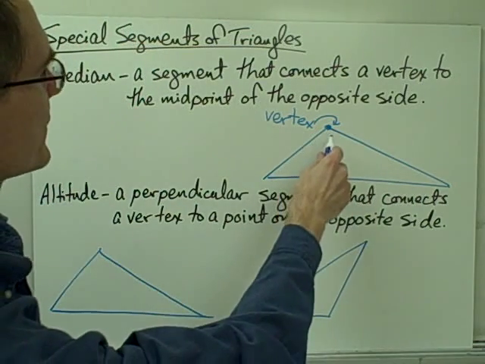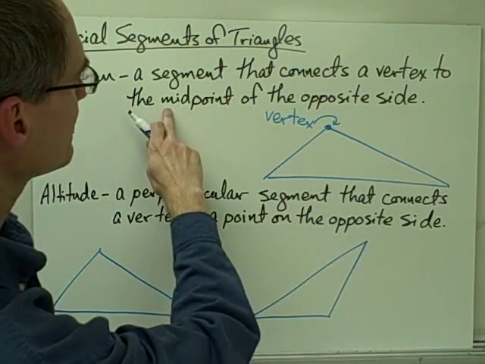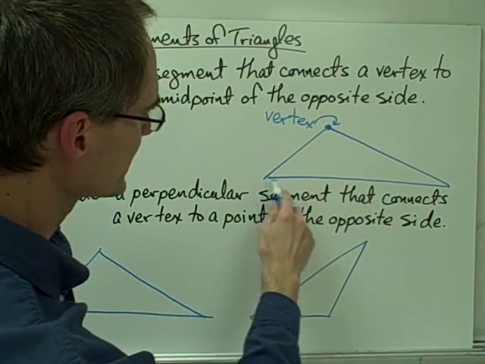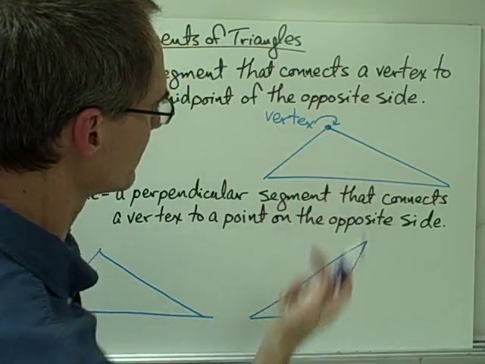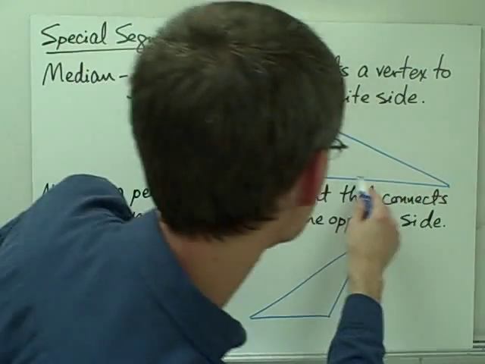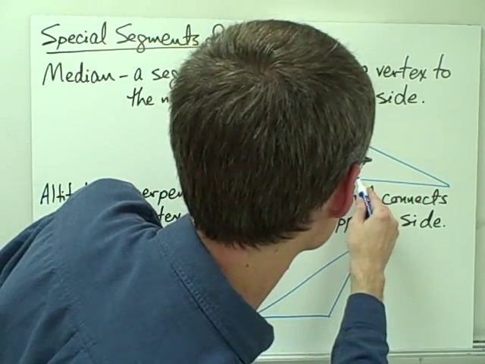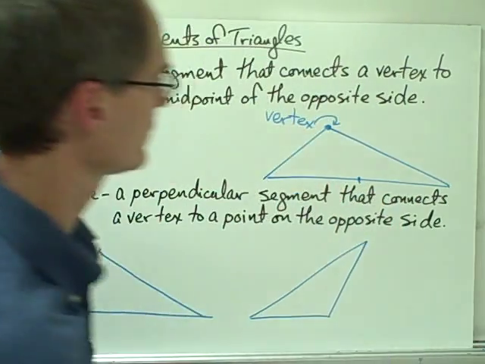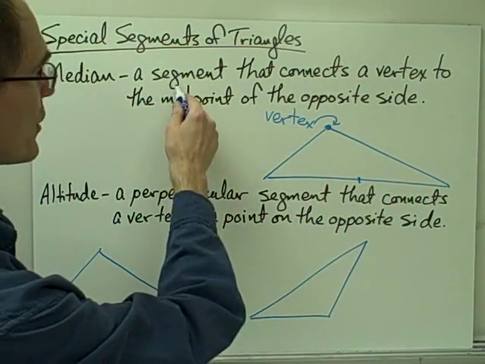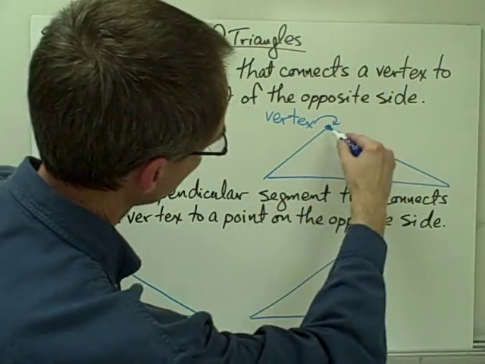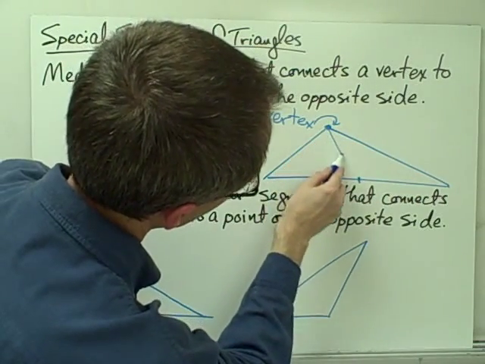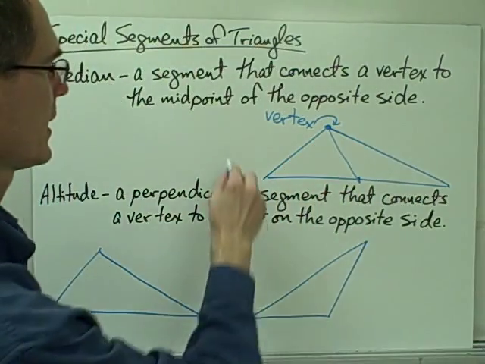I want to draw a segment that connects this vertex to the midpoint of the opposite side. Well, this side down here is the side that's opposite the vertex. And if I find the midpoint of this side, it's about right there. So I just want to draw a segment that connects this vertex to the midpoint. And there I have it.